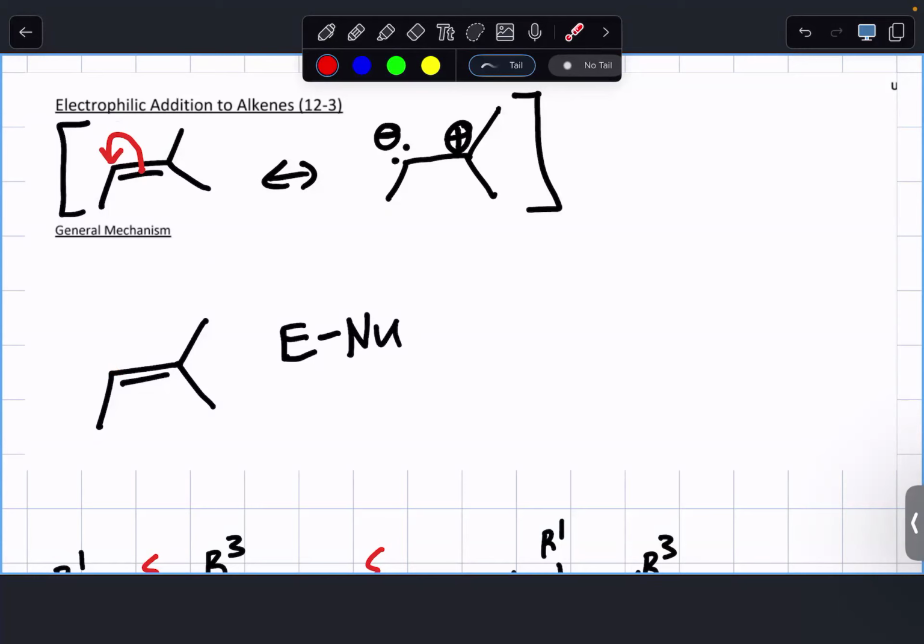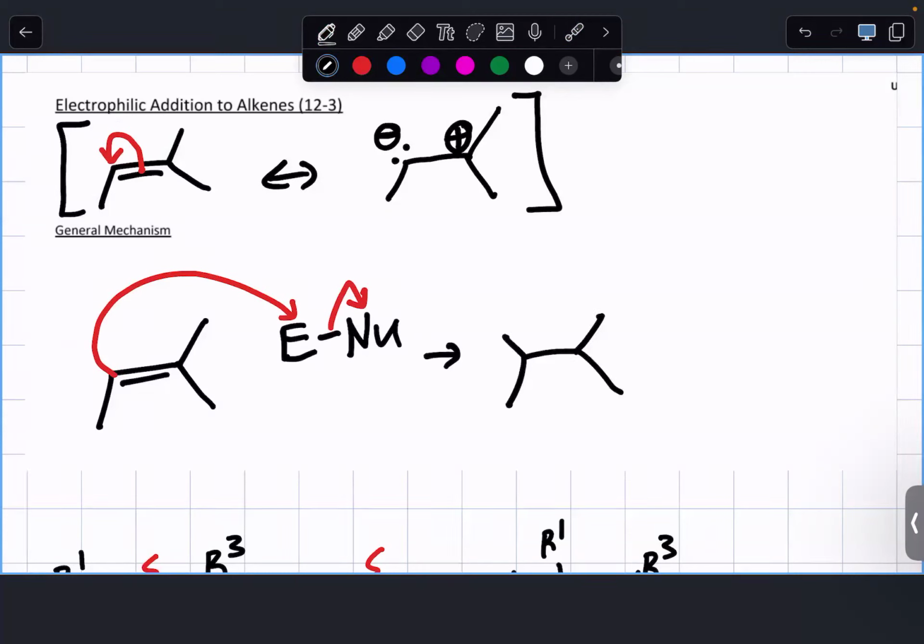So that means the other side of the alkene will have to attack the electrophile and kick out some kind of nucleophile. Okay. When that happens, that carbon there is now bonded to the electrophile, and this carbon on the right lost the bond, which is going to be the carbocation there because it lost the bond.